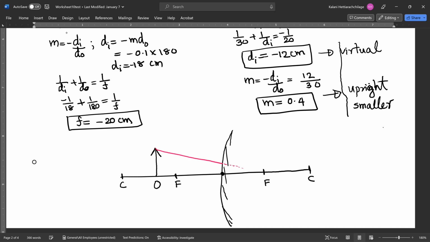This is not real light, it will be reflected back from that point. How is it going to reflect back? Give me a second, I'm not able to use my ruler, so it's very hard to draw.